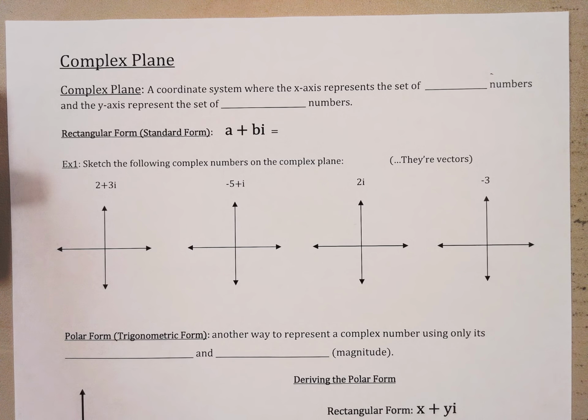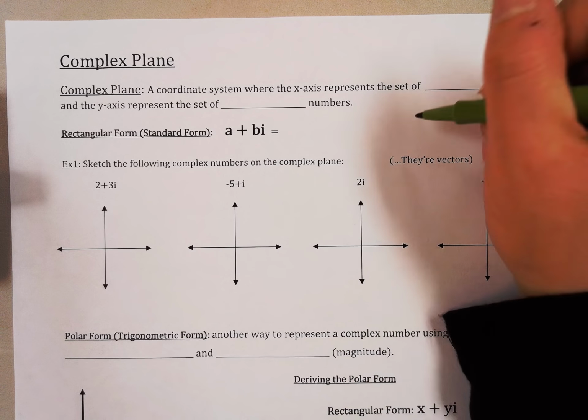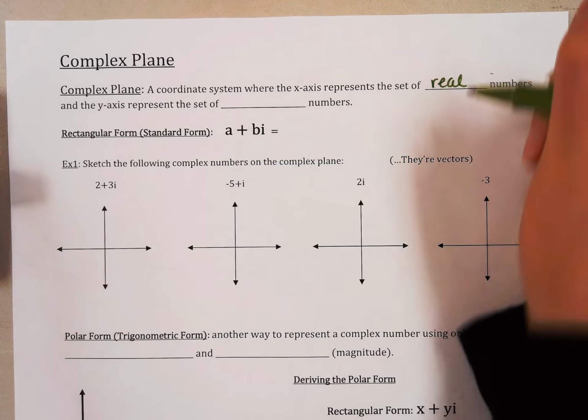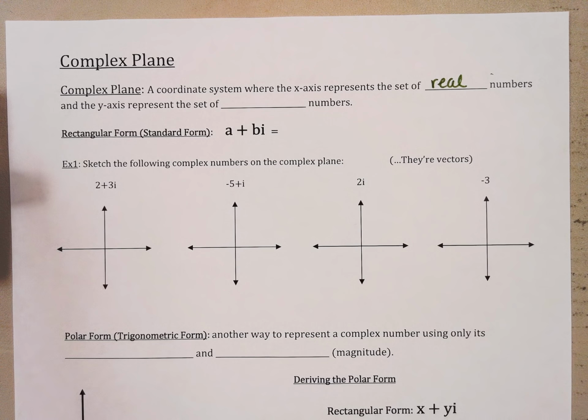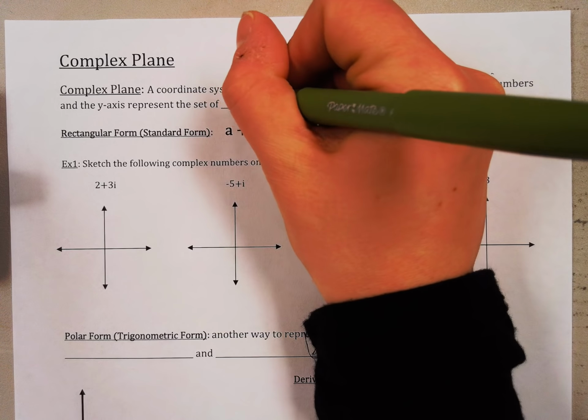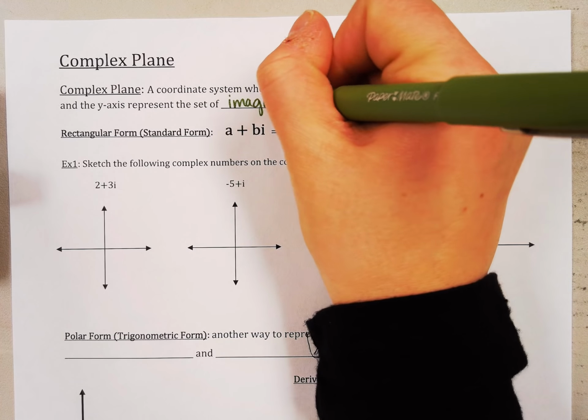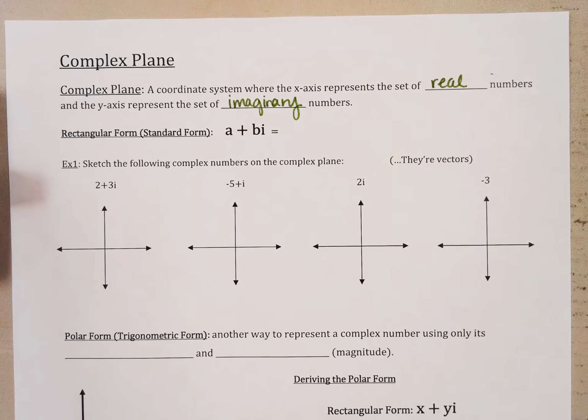So we're going to call the x-axis the set of all the real numbers, and our y-axis is going to represent the set of all the imaginary numbers. And again, this is not the x and y Cartesian plane that we know. This is the complex plane, so it's slightly different, but in general we plot them kind of the same way.